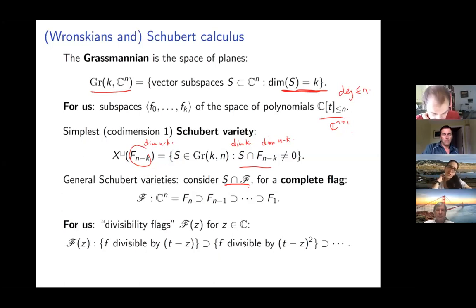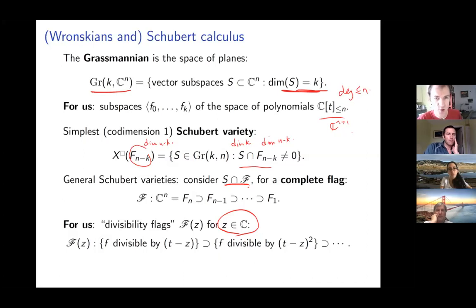We fix a complex number, z, and our flag consists of, first, all the polynomials that have a root at z, so divisible by t minus z. Then the next smaller step is polynomials divisible by t minus z squared, and then t minus z cubed, and so on. That would be our flag. There's a more general version of this problem that would involve looking at Schubert varieties with respect to these flags. So this is all about roots of polynomials in the end.